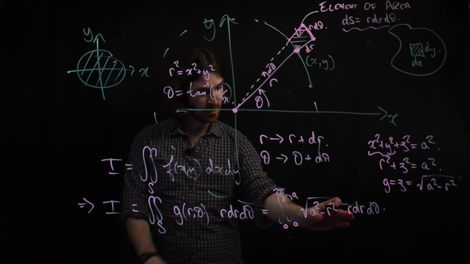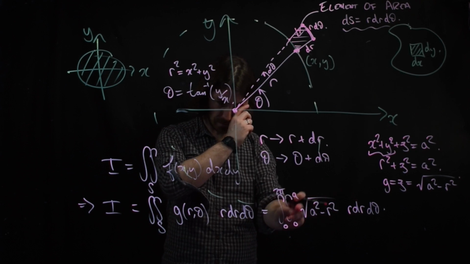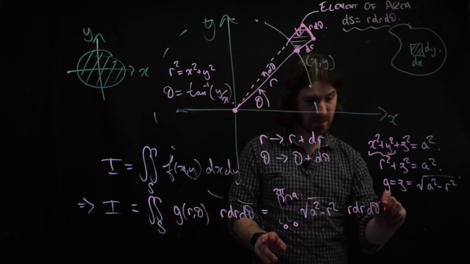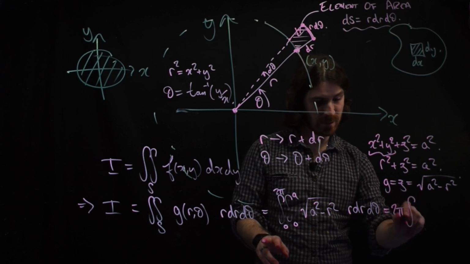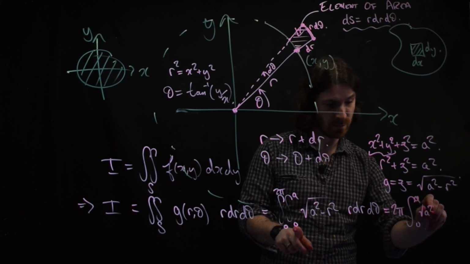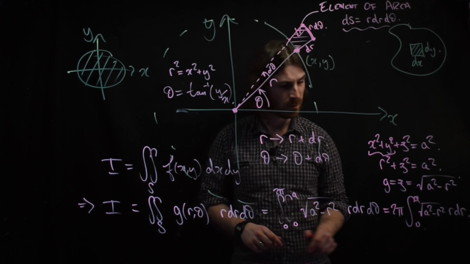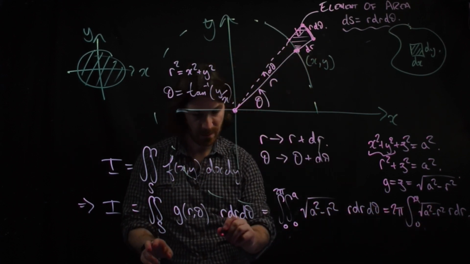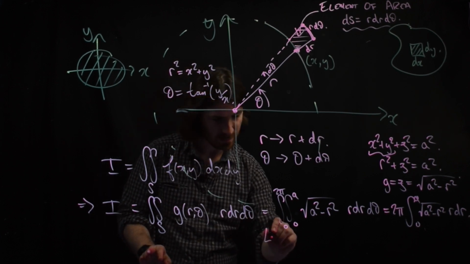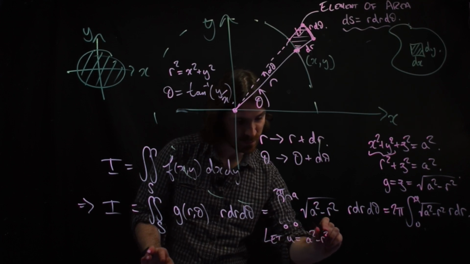So we can do the integral over theta easily. That's just 2 pi. This integral over r doesn't depend on theta, it's independent. So in this case it's 2 pi times the integral from 0 to a of the square root of a squared minus r squared, r dr. We can do this integral by letting u equals a squared minus r squared.